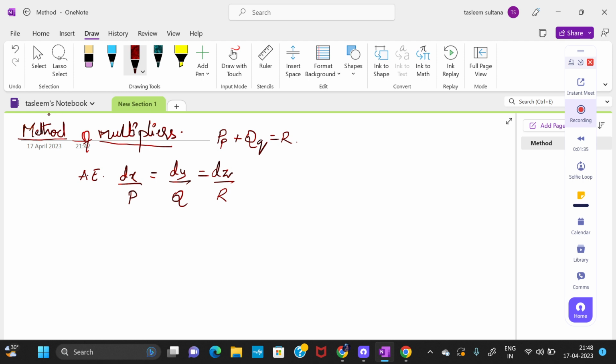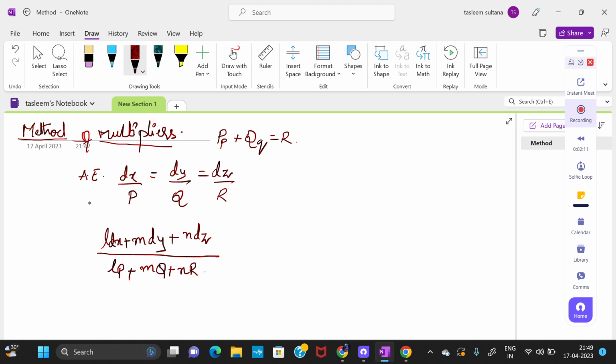After that, for the multipliers, it's going to be in the form of l dx plus m dy plus n dz divided by lP plus mQ plus nR.